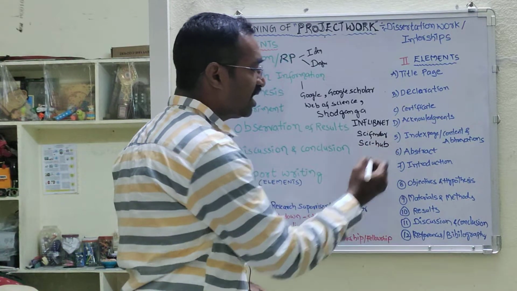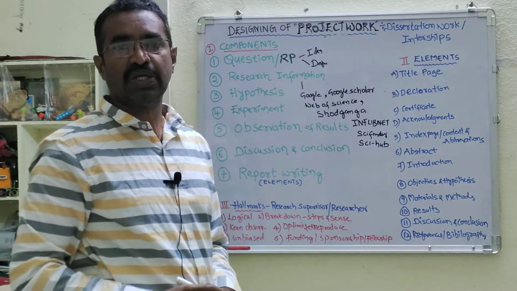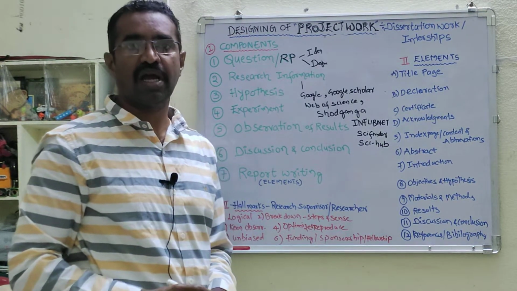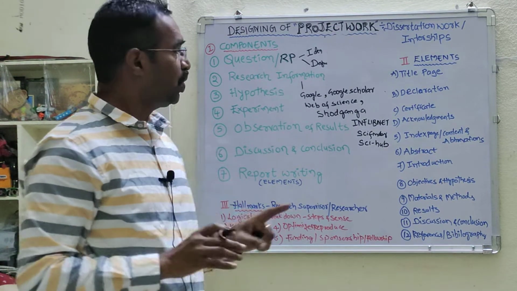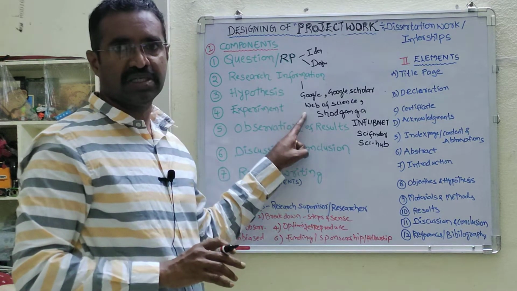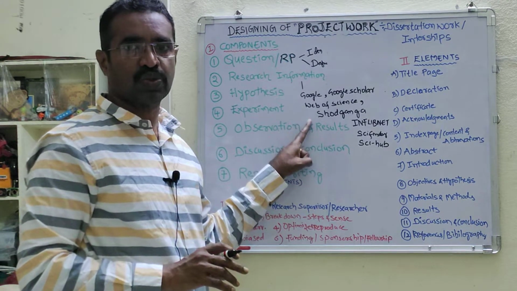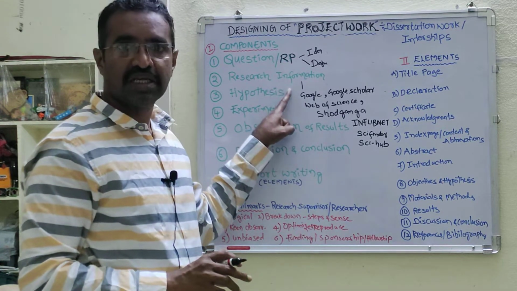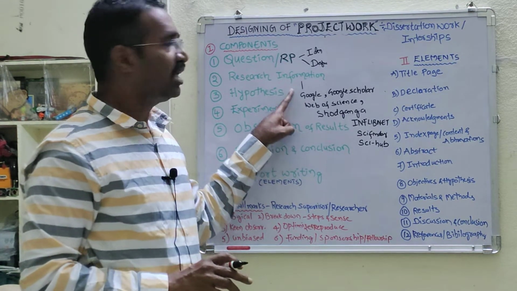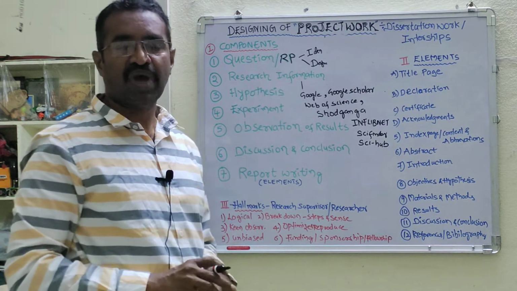In the previous days, it was very difficult to search for information regarding a research problem, but nowadays, at our fingertips, using internet search engines, resources and web portals, it is very easy to check the research information. Why do we have to check?